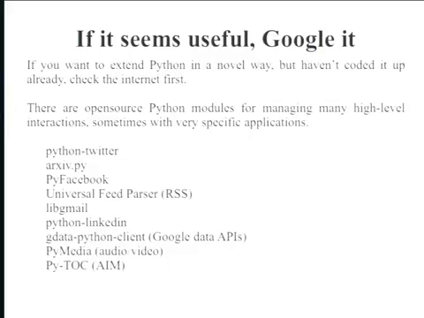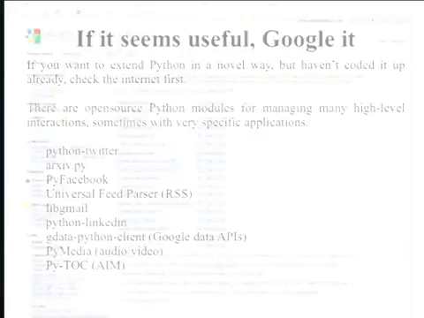So here's a list of some high-level interactions for specific applications. Facebook, Python Twitter, archive.py, stuff like that. And then also, I want to direct you to the GData Python client, which is a collection of APIs for Python into Google data.